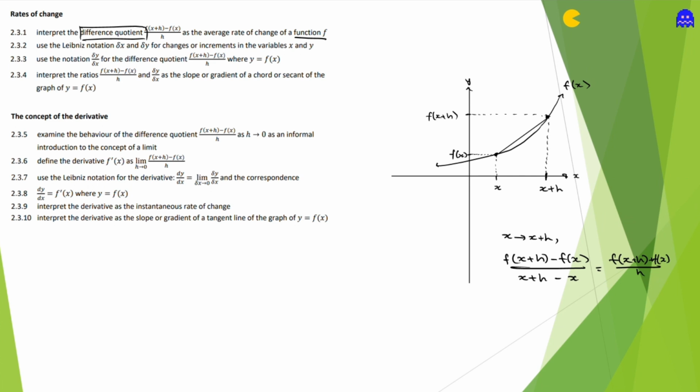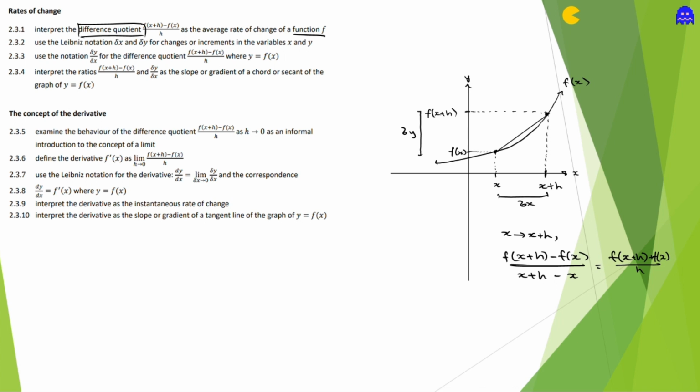We can also equally represent this change in x over here, this period here, as the change in x, or delta x, and we can also represent the change in y here as delta y. And in doing so, what we are doing is adopting a form of notation called Leibniz notation, who was one of the people who independently discovered calculus alongside Newton.